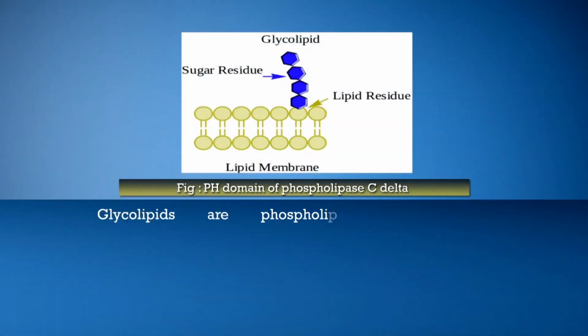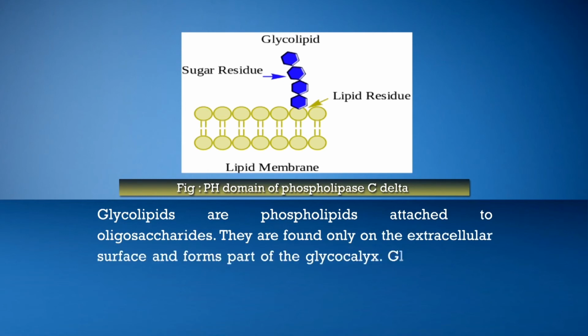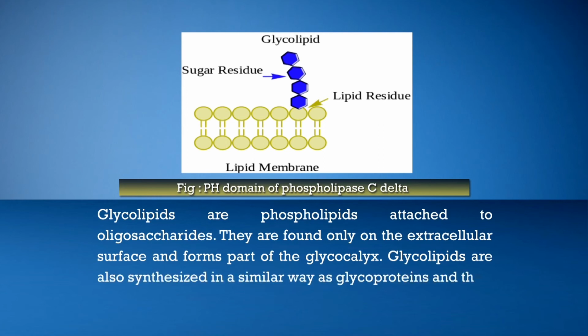Glycolipids are phospholipids attached to oligosaccharides. They are found only on the extracellular surface and form part of the glycocalyx. Glycolipids are also synthesized in a similar way as glycoproteins, and their synthesis is catalyzed by specific enzymes.